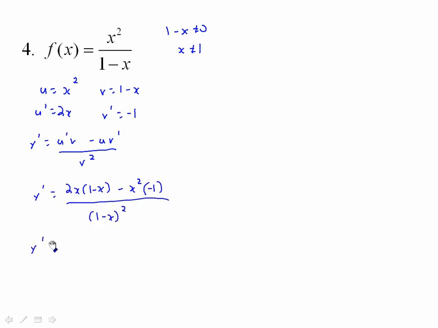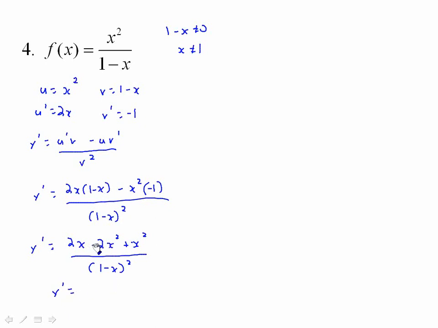So y prime is equal to 2x − 2x² plus x², watch your signs, all over (1 − x)².